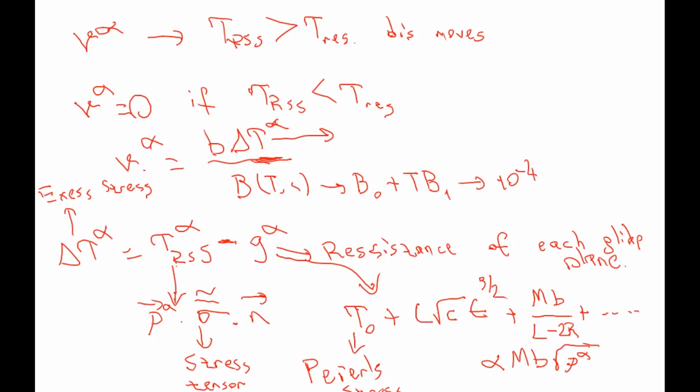So if we add more strengthening, we are increasing the G. If we produce more dislocations, for example, increasing the dislocation density, or if we add more solute, increasing the solid solution strengthening effect, then we are increasing the resistance of each plane.